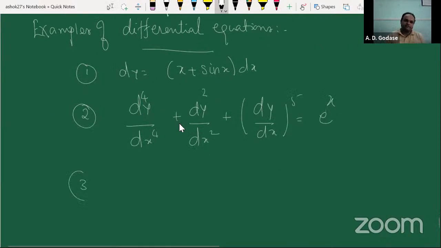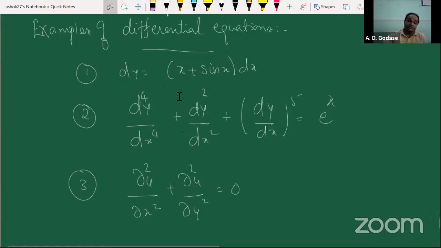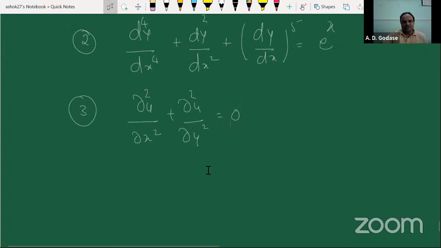Similarly, dou square u by dou x square plus dou square u by dou y square equals 0. It is an example of a differential equation, and it is a partial differential equation.